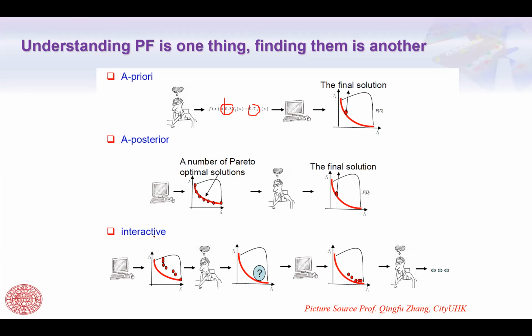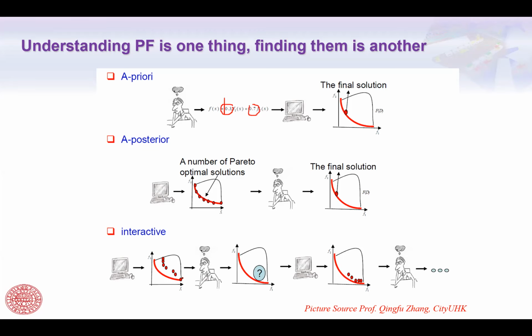Now, there can be something called interleaving or interactive. This is a topic beyond the syllabus of this course, but it will be covered in the next course. That's why I talk about this reference point and also something more interactive.